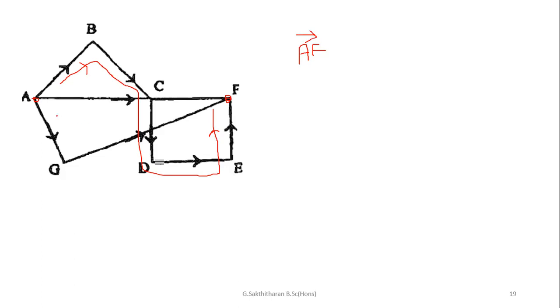Another set of vectors, AG and GF. AG and GF have the same directions, so AG and GF also give the resultant vector from A to F. So totally we have 2AF.